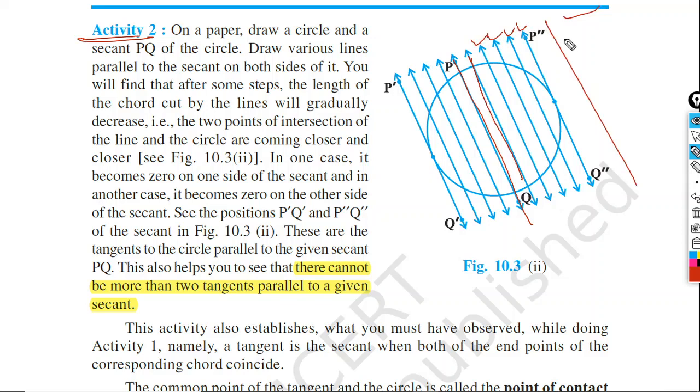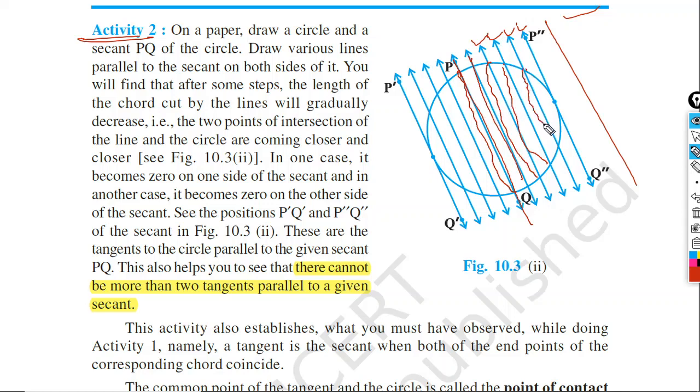Now you see the length of this chord PQ, the secant is making a chord. The length of the chord will be this. Now again you see there is another chord here. All the chords are parallel to each other. Another chord is here. If you measure the lengths, the length of the chord will be decreasing.